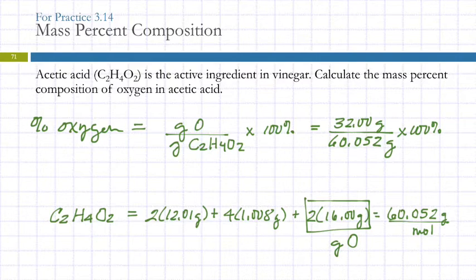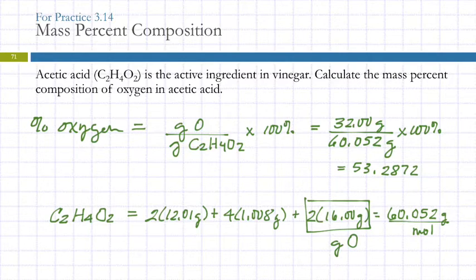So I've got 32 divided by 60.052 times 100%, and how many significant figures should that percentage have? 4. Because I used molar masses that had 4 digits, 4 sig figs, that's going to limit it.